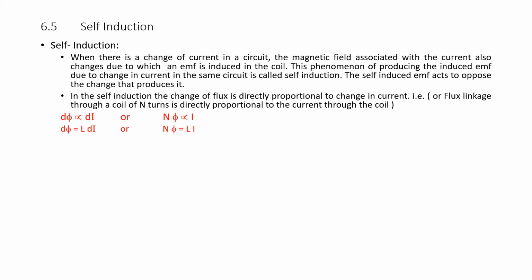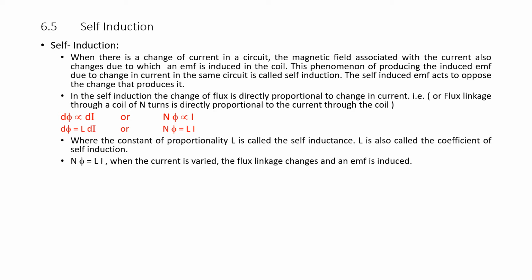It is given by d phi proportional to dI, or it can be written as N phi proportional to I. Eliminating the proportionality sign, we can substitute a constant L. Therefore, d phi = L dI, or when we consider the total flux, N phi = L I, where the constant of proportionality L is called the self-inductance. L is also called the coefficient of self-inductance.